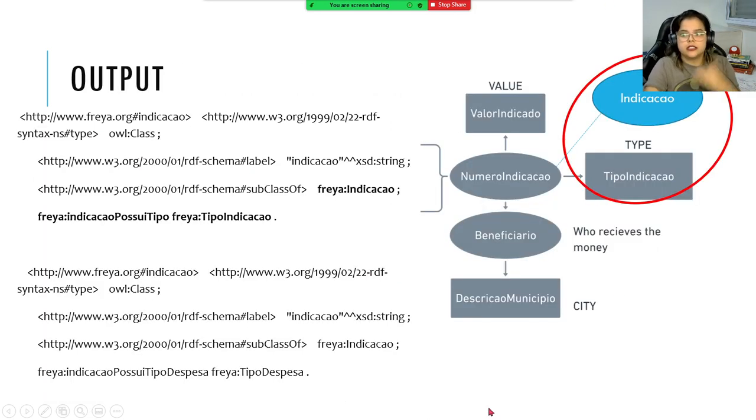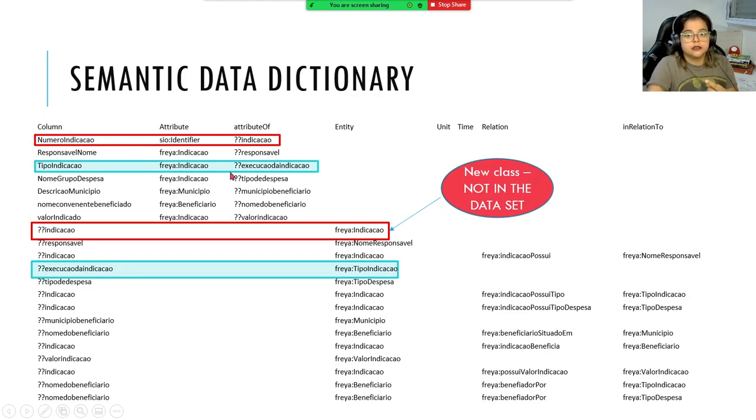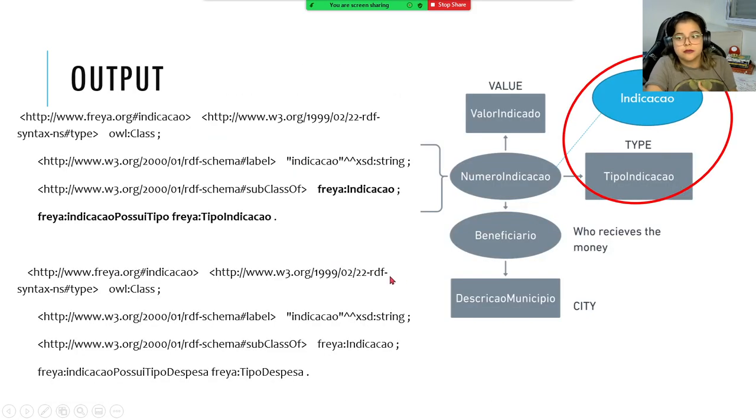So, on that matter, when we go back to that model, we have that número de indicação is going to be indicação, that we're going to call it like that, and we have the type. So this is the relationship that I just showed you here. Because we have that execução da indicação is a type of indication, and indicação is the indicação per se.